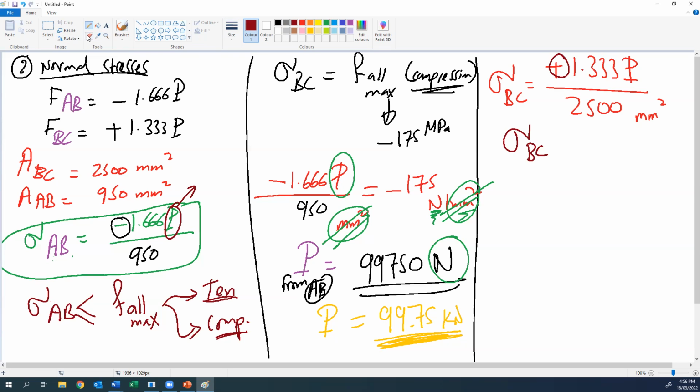the stress in member BC should be less than or equal to the allowable maximum stress in tension. Why the allowable maximum stress in tension? Because member BC is in tension, because of this sign here, tension.